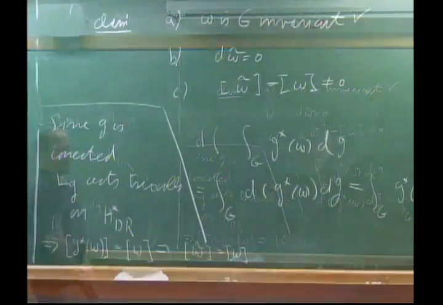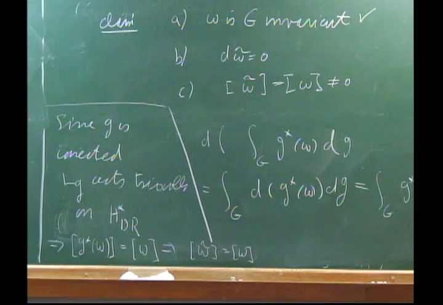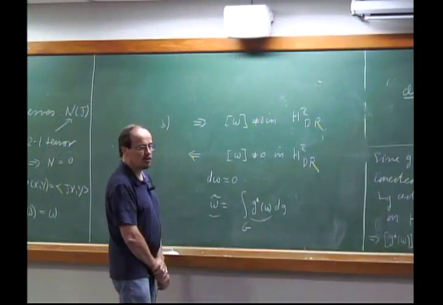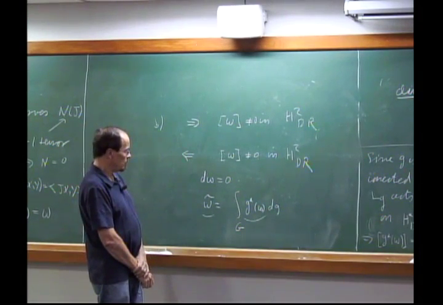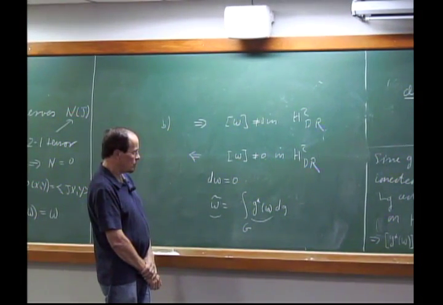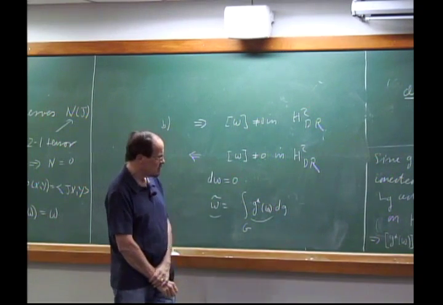That's kind of neat, right? In de Rham cohomology, I can average. Here it doesn't matter, even up to a factor.